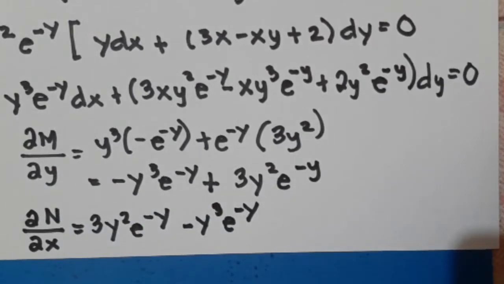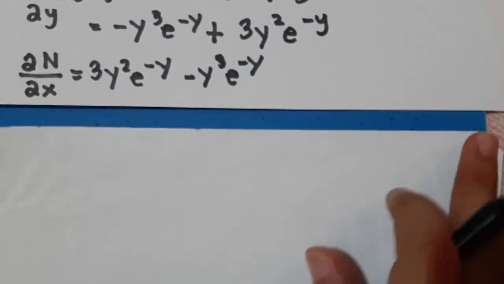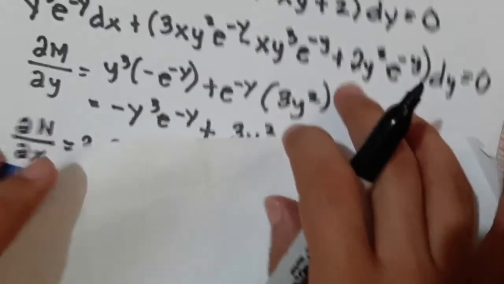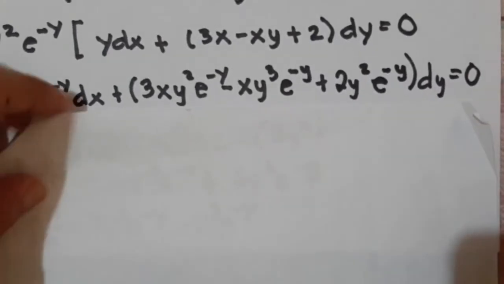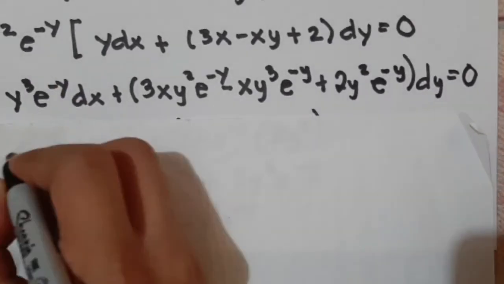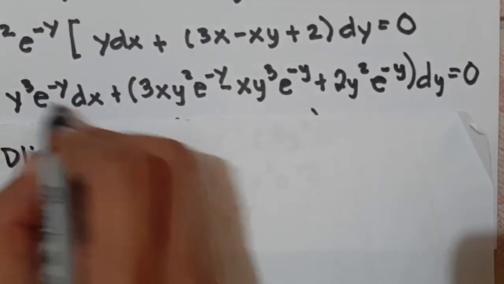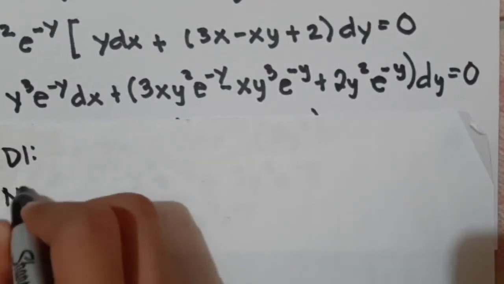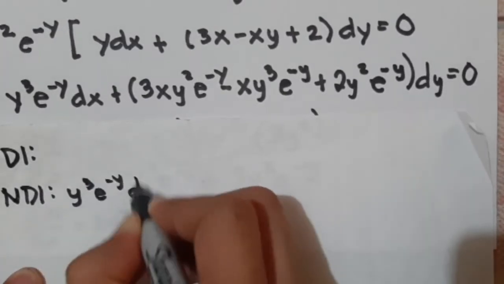So we'll continue solving by substituting to our formula. We need first to identify which is the direct integrable and which is the not directly integrable in our new equation. So our direct integrable term is y cubed e negative y dx.